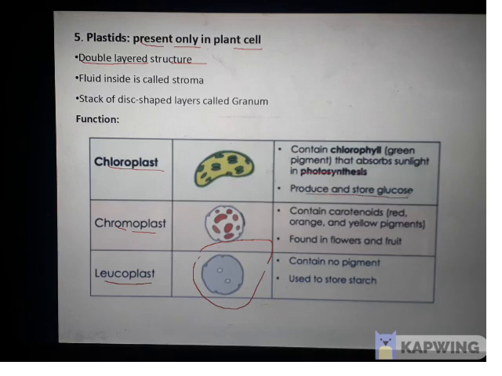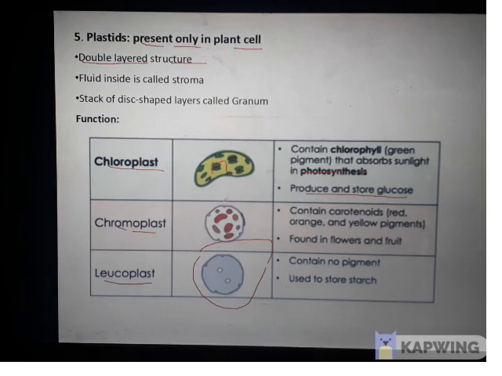It also produces oxygen. If you see here, this is your stroma, and this disc shape is your granum, and on this granum you have this chlorophyll. It is disc shaped, has chlorophyll pigment and catches sunlight.